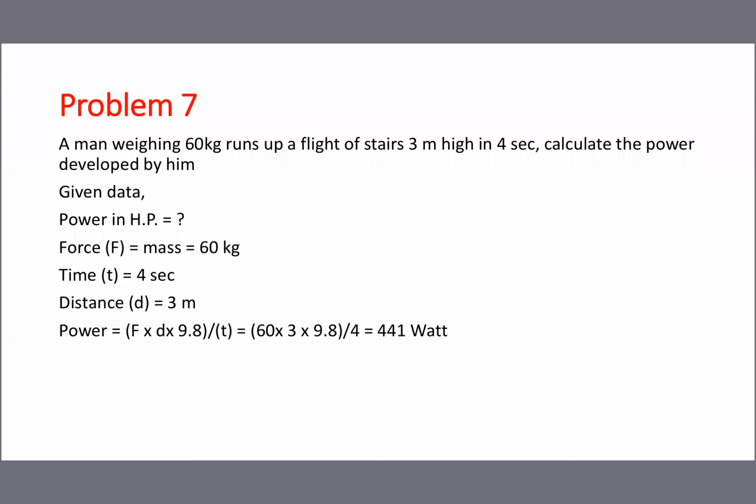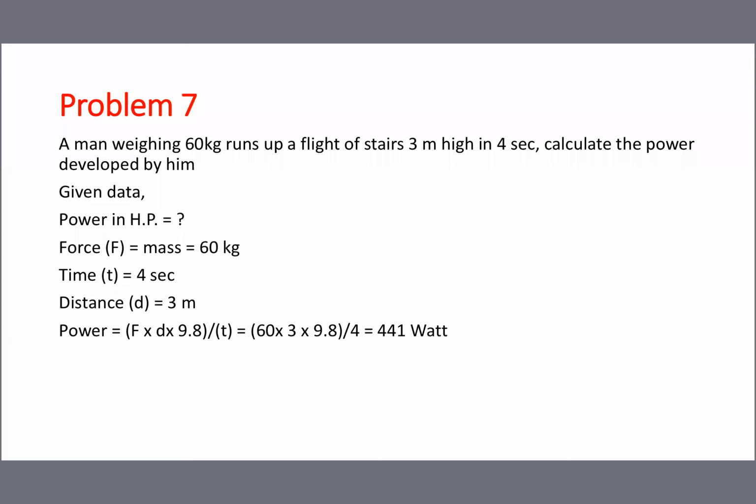Manpower they are asking. Better you find out in terms of watts. So the power calculation formula is FD divided by T. If it is multiplied by 9.8, you will get watts. So for power, 3 data are required: force, distance, time. FDT. So check all 3 data given or not. Clearly given. Force F is equal to mass 60 kg.